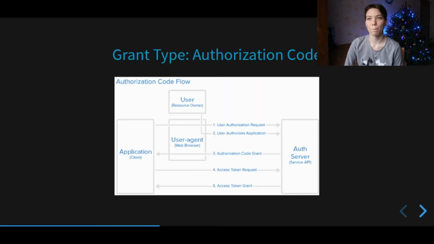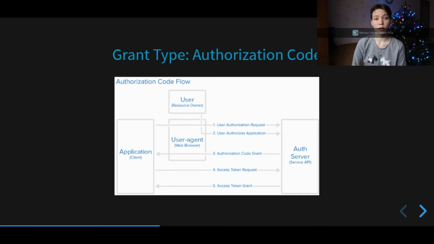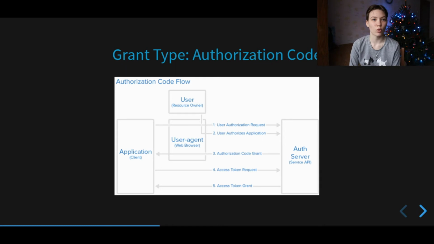First grant type, it's authorization code. On the screen you can see the scheme, how it works. The authorization code grant type is the most commonly used because it's optimized for server-side applications where source code is not publicly exposed and client secret confidentiality can be maintained.